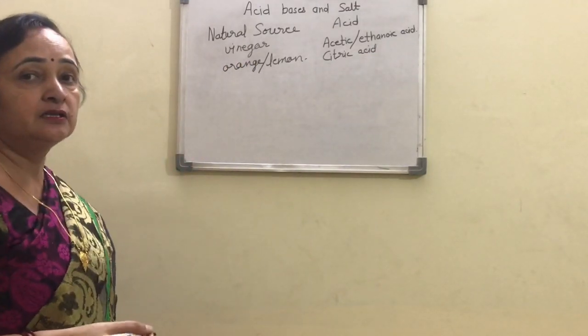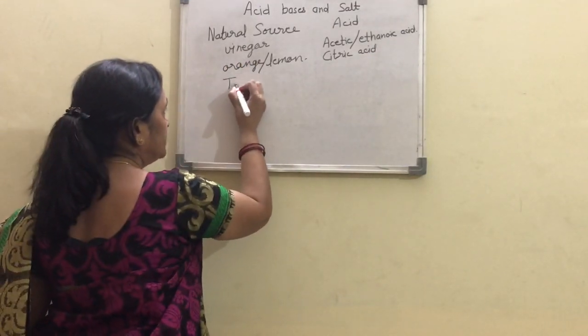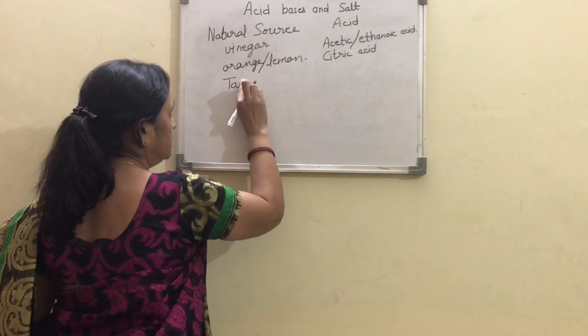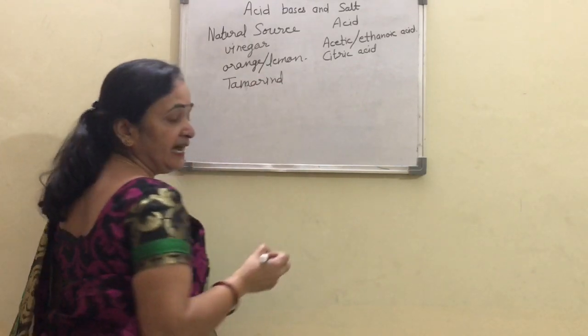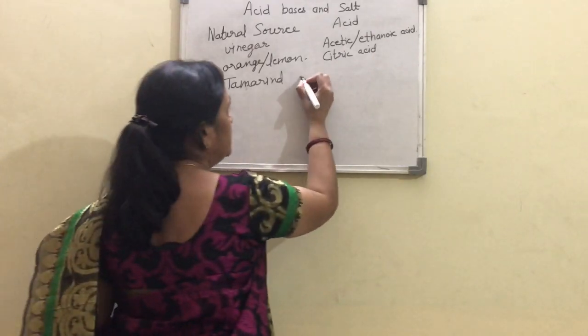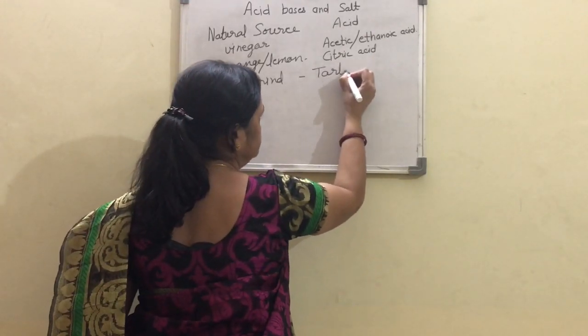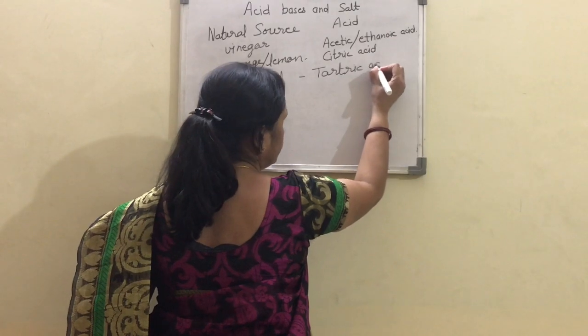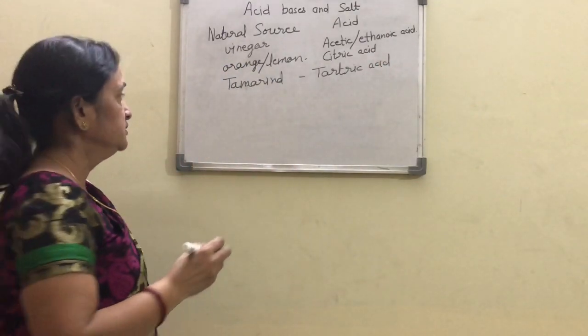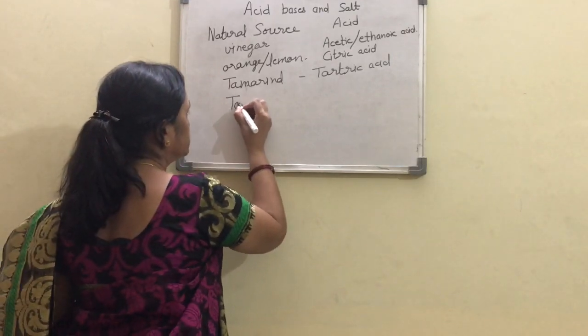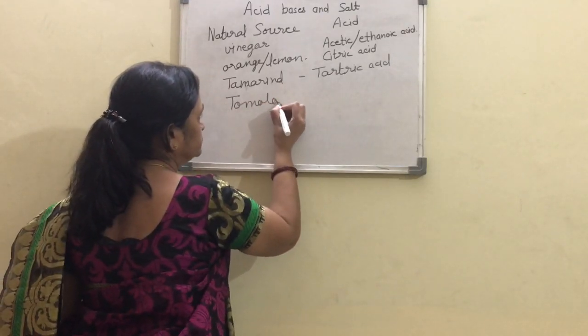Then comes the tamarind. In tamarind the acid which is present is known as tartaric acid. Then there is another source, that is tomato.